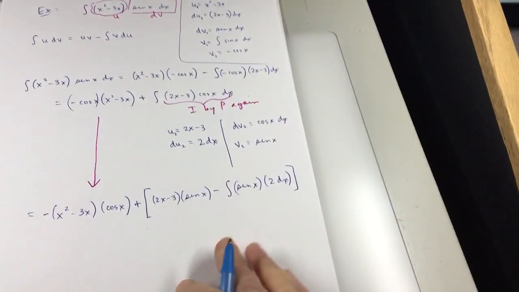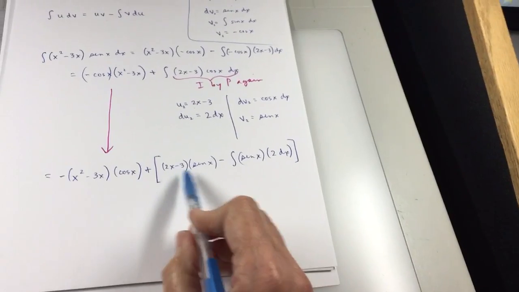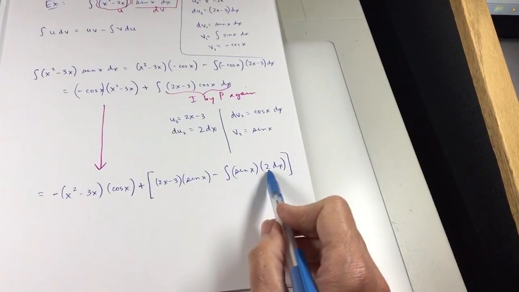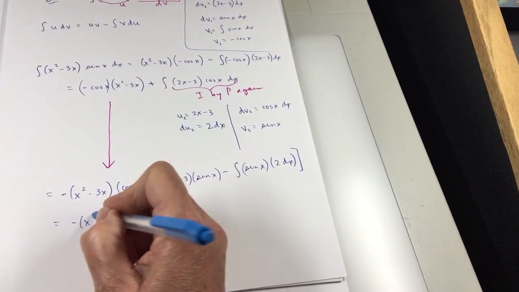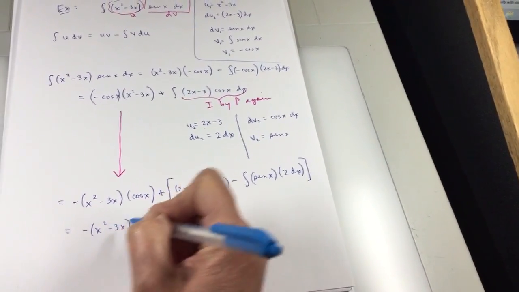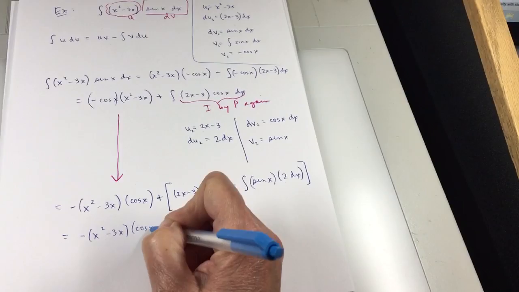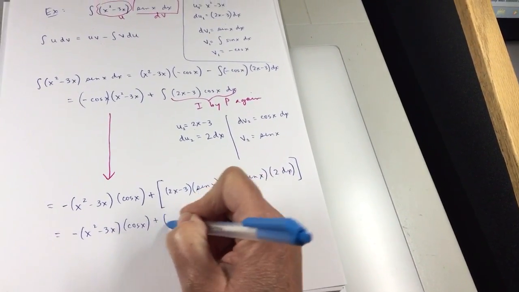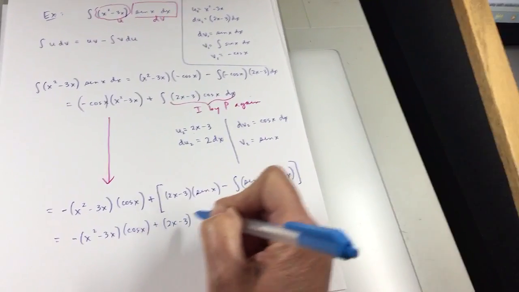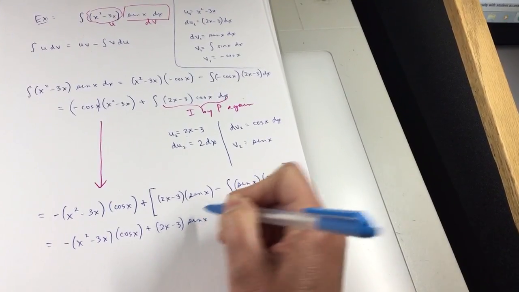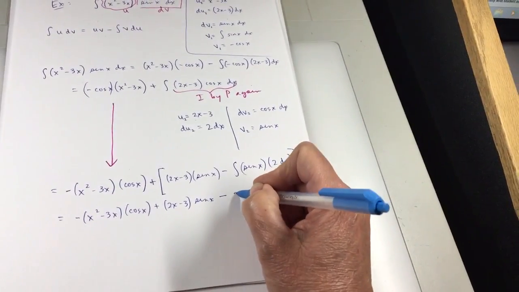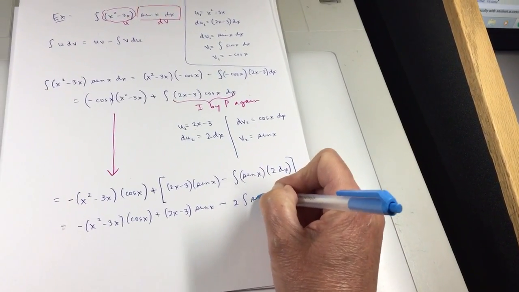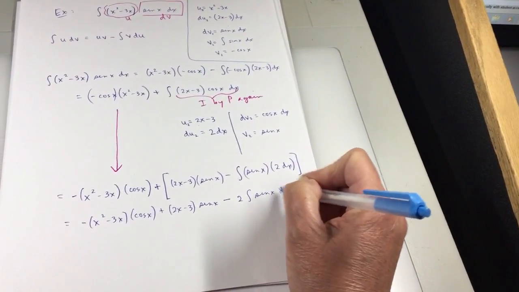There we go. All right, so got this part. Now this guy, I'm going to take the 2 out. Negative x squared minus 3x times cosine x plus 2x minus 3 times sine x. So minus, let's pull that 2 out of there, 2 times the integral of sine x dx.